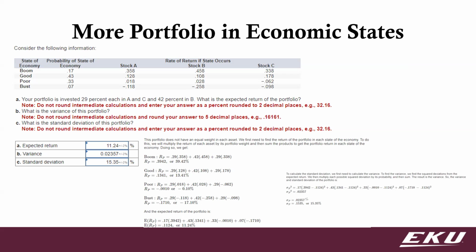You square the difference in those two numbers, and then again, you're going to add them up, but it's going to be weighted, not equally, but instead weighted by the probability that you're in that state. And again, those probabilities have to equal 100%, or equal 1, right, when you add the probabilities together. So once you do that, you'll calculate variance. And again, the square root of the variance will give you the standard deviation.